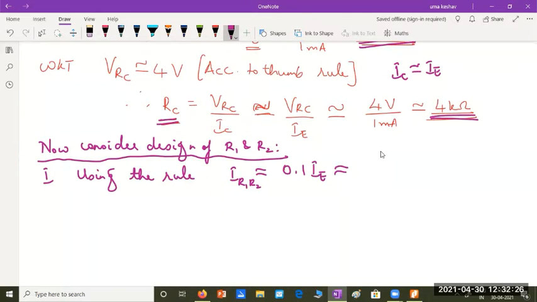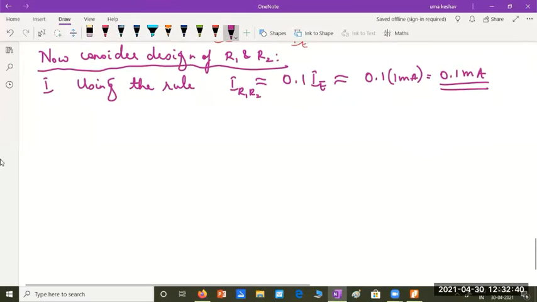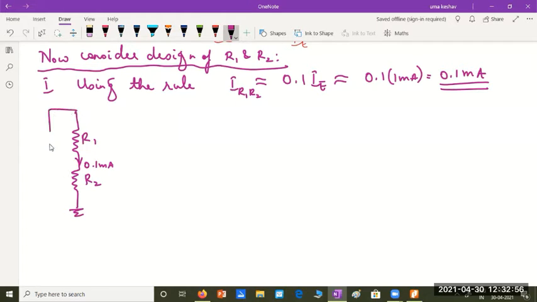Here in this case, how much was the emitter current? It was 1 milliampere. So 0.1 into 1 milli, this will be 0.1 milliampere. So this is the current in the voltage divider. We have the voltage divider like this. Okay, R1, R2. And the current in this voltage divider is 0.1 milliampere. The voltage connected here is what?